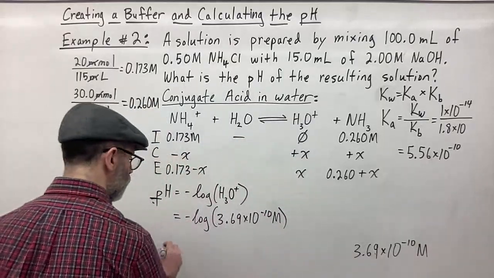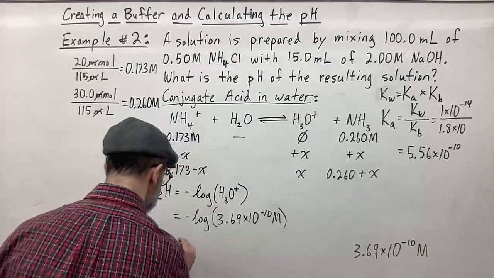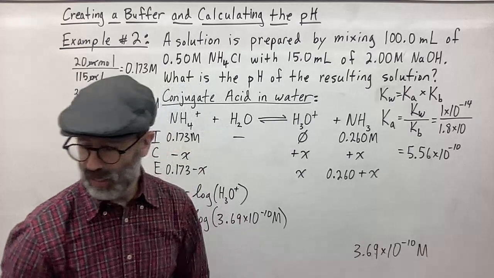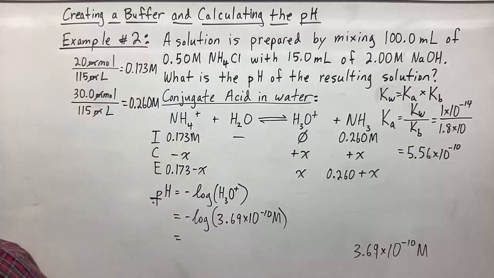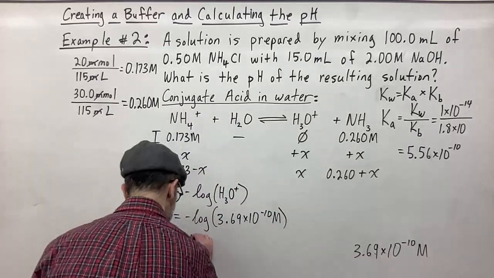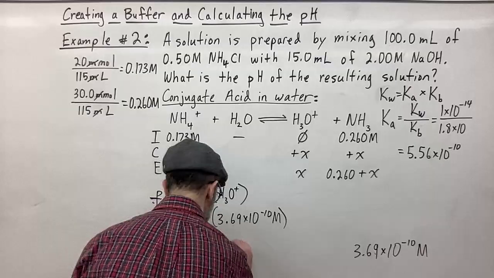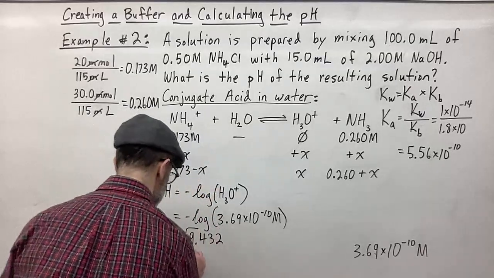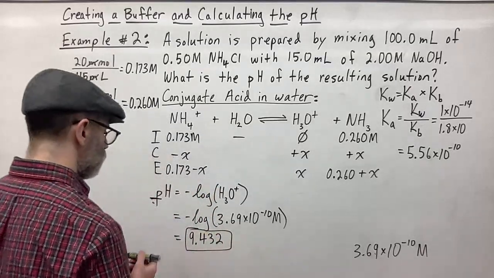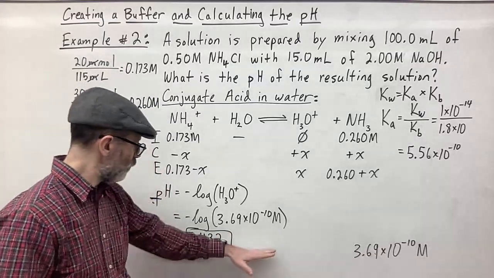And then here, I take the negative log, and I get 9.432. So 9.432 for the pH. Okay, and there you have it.